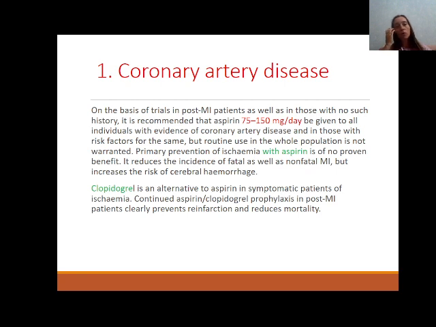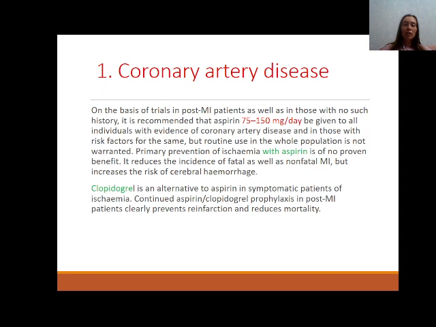Firstly, it is coronary artery disease. Again, this is a dose that you should know: it's recommended that a dose of 75-150 mg per day should be given in post-myocardial infarction patients. Primary prevention of ischemia with aspirin is of no proven benefit.